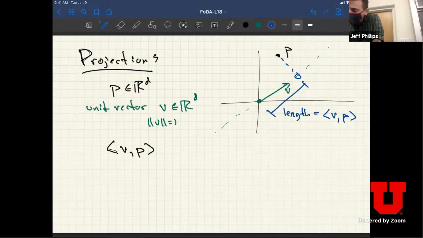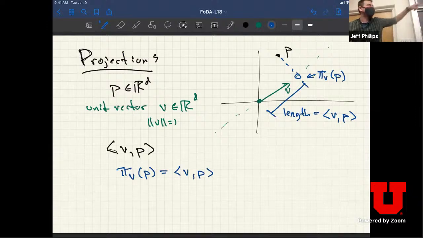And again, we're going to call this point here the projection on V of P, right? And we're going to define this as V dot P, which is a scalar. This is just the length, but then I'm going to multiply it by the vector V, right?